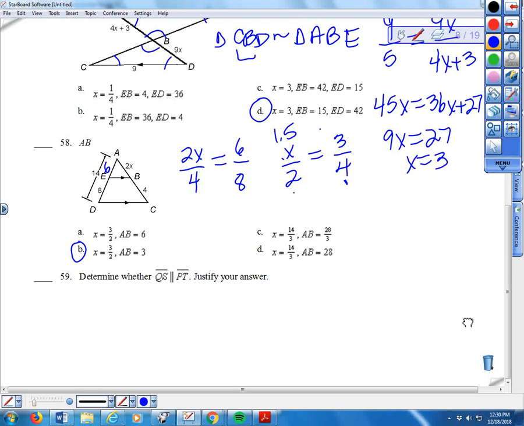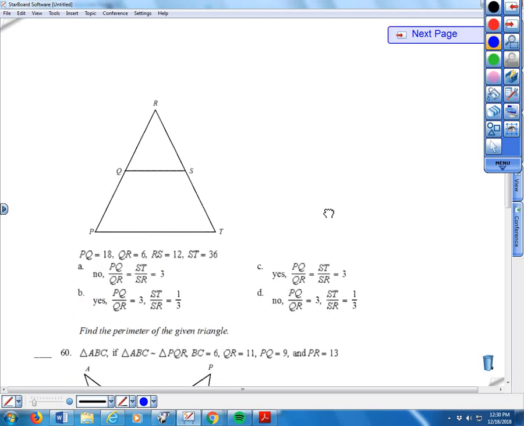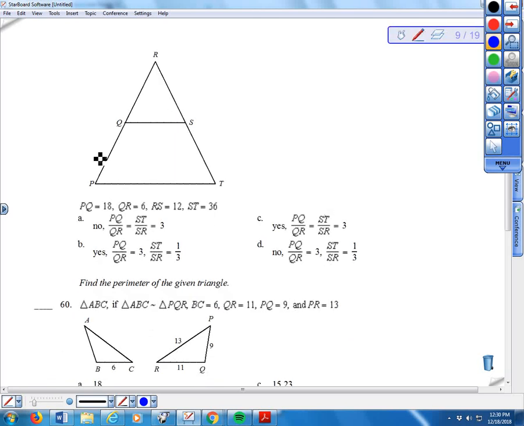Okay. Determine whether QS and PT are parallel. If PQ is 18, QR is 6, RS is 12, and ST is 36. So is 6 over 18 equal to 12 over 36? Yes. So they are parallel.